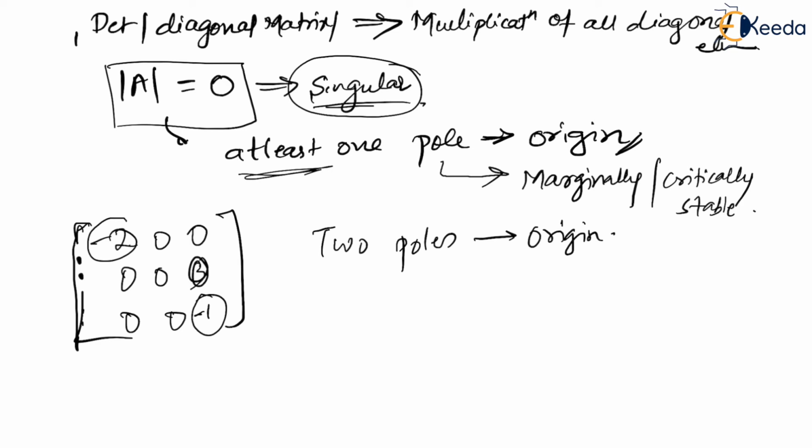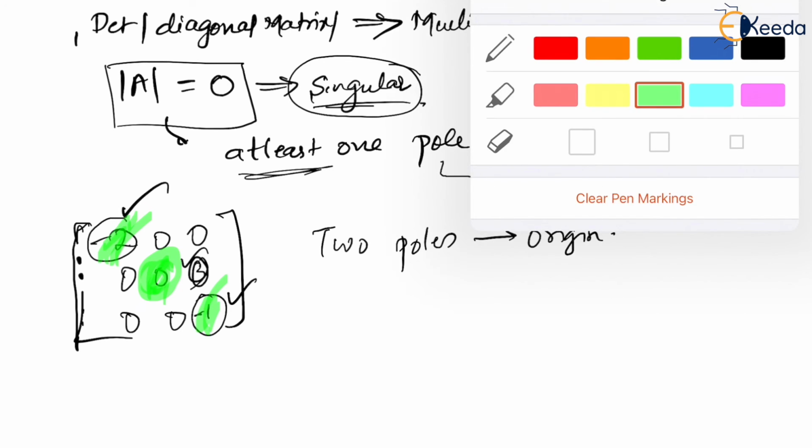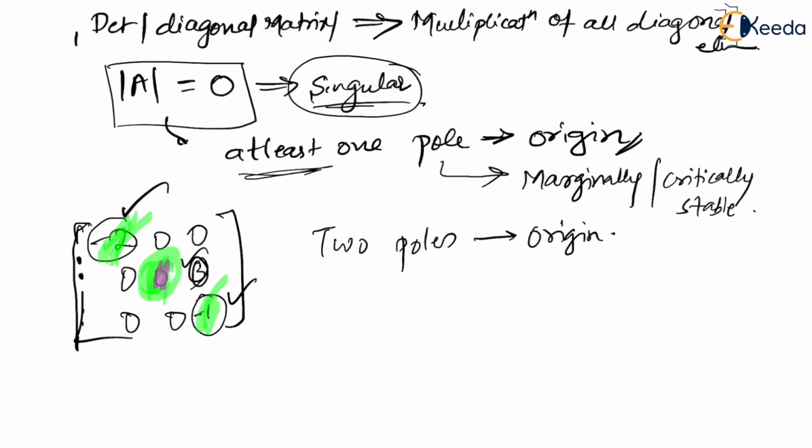Out of these three poles, 1, 2 and 3, this one is 0. The moment this one is 0, what does that mean? That one pole is 0, which means one pole is at the origin.